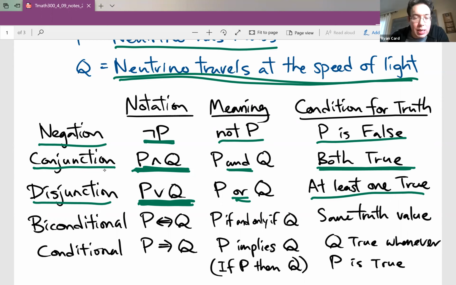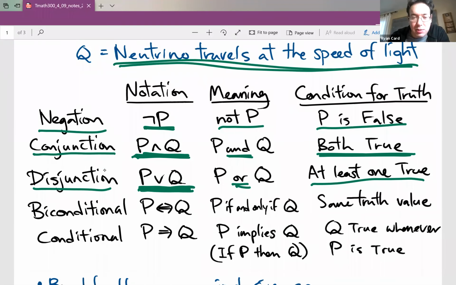For an example, exclusive or might be something like when you go to a restaurant and you order a lunch special, and maybe the menu says the lunch special comes with soup or salad. What they mean is you could have soup or you could have salad, but you cannot have both soup and salad without paying something extra. That's what they mean when they use the word or there. If they're happy with giving you both, they would just say the lunch special will come with soup and salad.